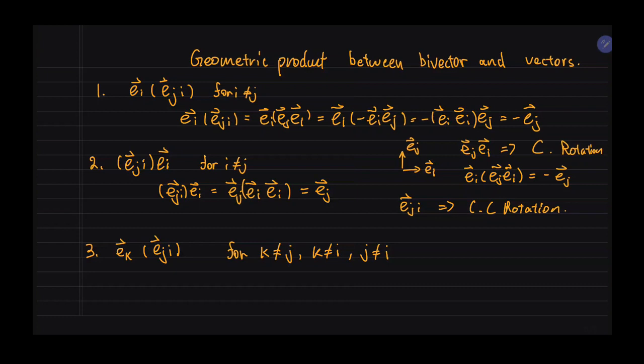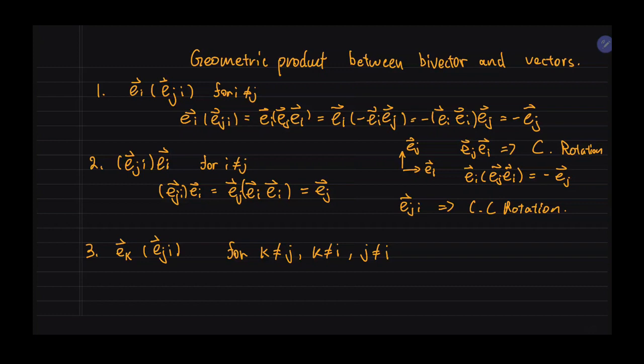So you might think we can consider that these two things represent rotation. Whether it rotates clockwise or counterclockwise depends on where you apply it in the formula. So this bivector can rotate any vector clockwise and counterclockwise.